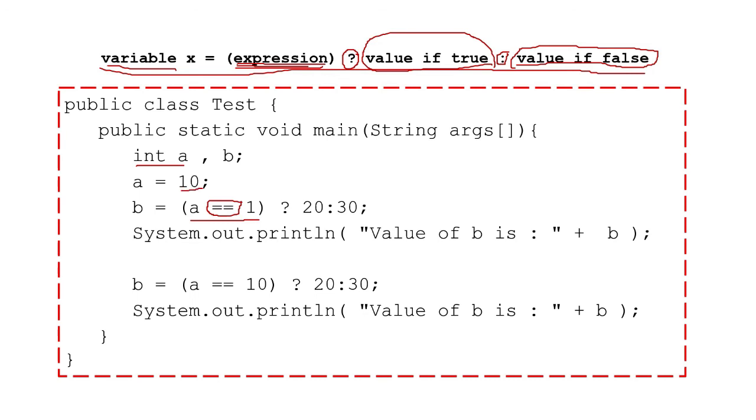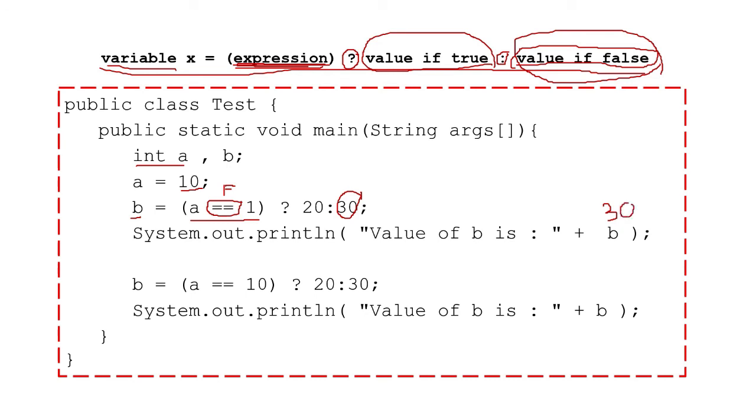So, is 10 is equal to 1? True or false? The answer is false. So, ano ngayon ang value ng B? So, the value of B is 30. So, bakit 30? Kasi yung syntax natin, if false po yung expression, yung value niya is yung nasa dulo. So, ito 30. So, here, the value of B is 30.